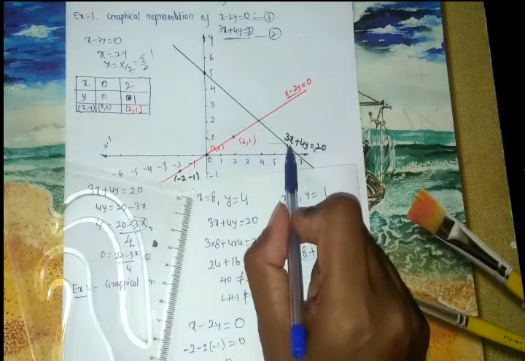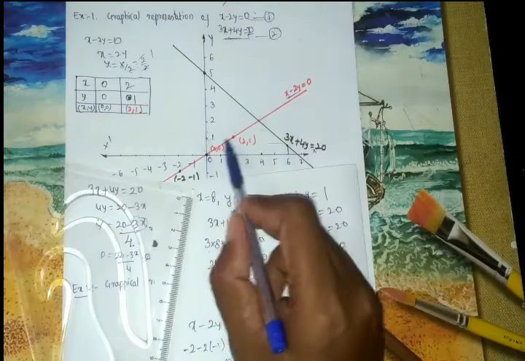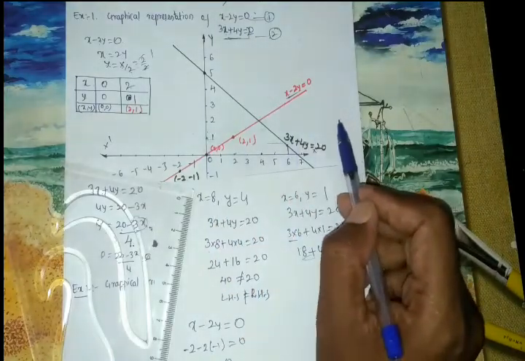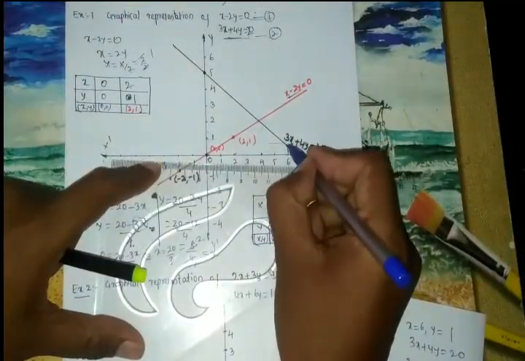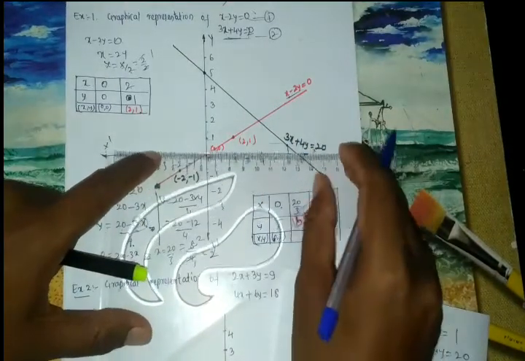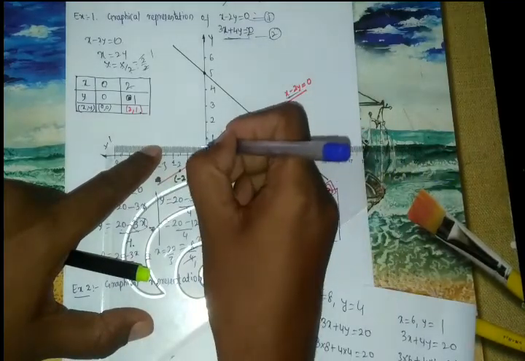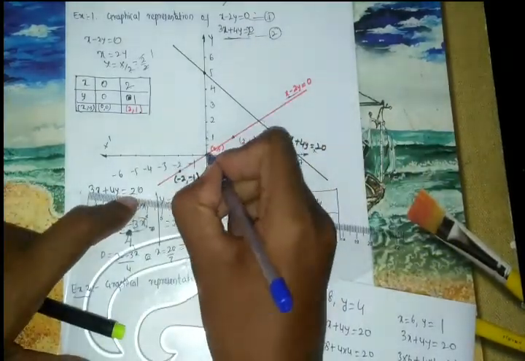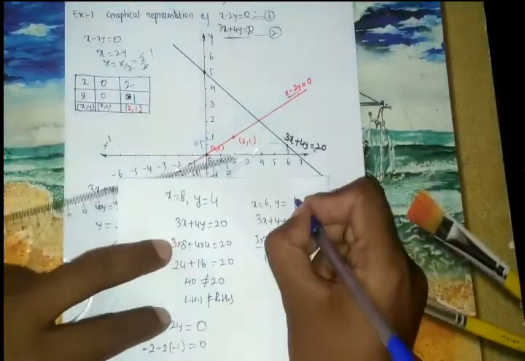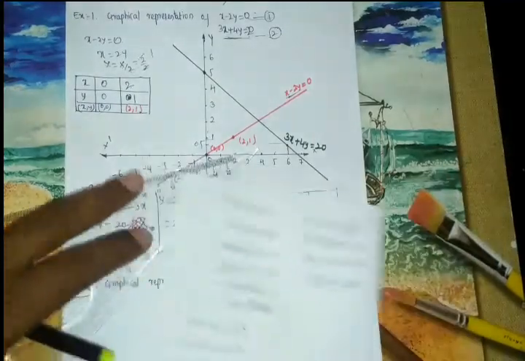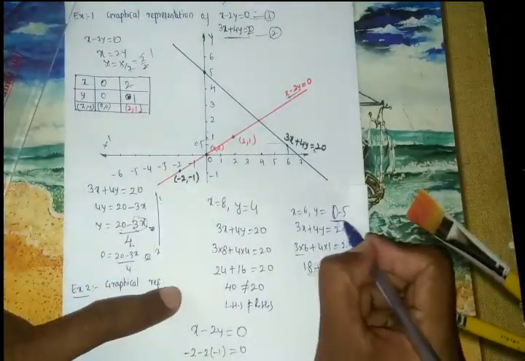So when I take this x as 6, its corresponding y value will be 0.5. This is 0, 1, and this is 0.5. You plot it on a graph, you will get the value of y as 0.5.